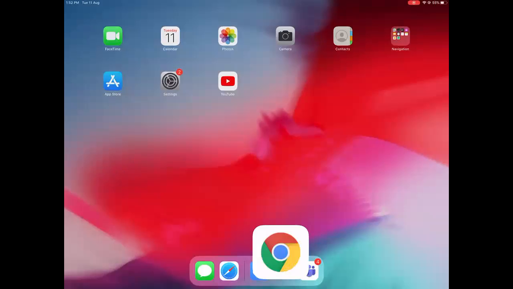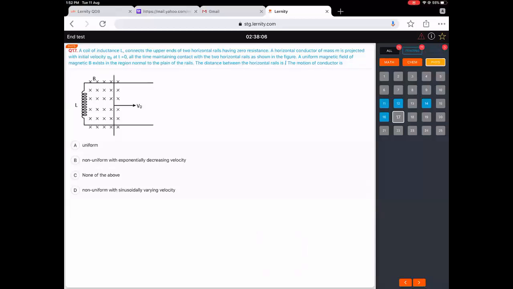Okay. Now a coil of inductance L connects to the upper end. The horizontal conductor of mass M is projected, all the time maintaining contact. A uniform magnetic field B exists in the region normal to the plane of the rails. The distance between the horizontal rails is L. The motion of the conductor is how much?